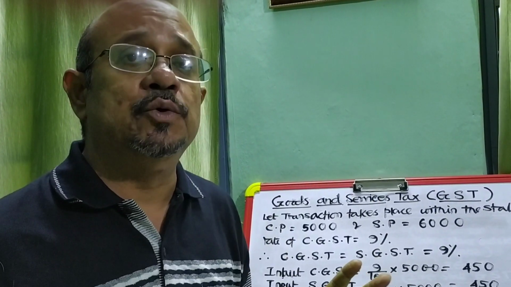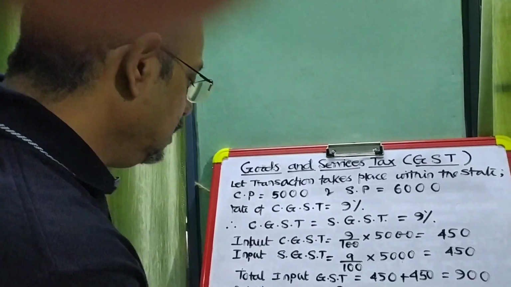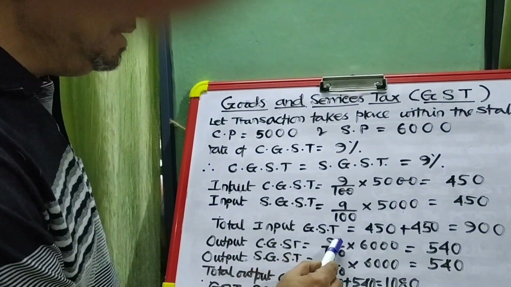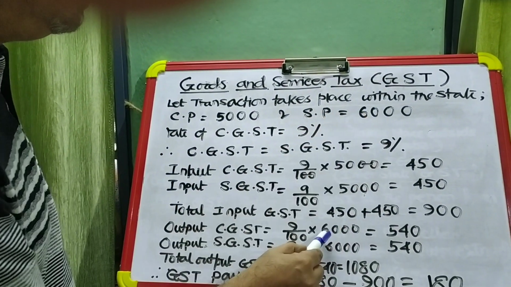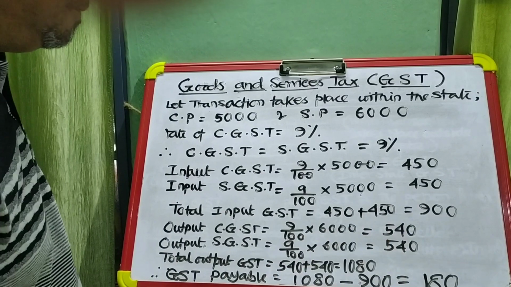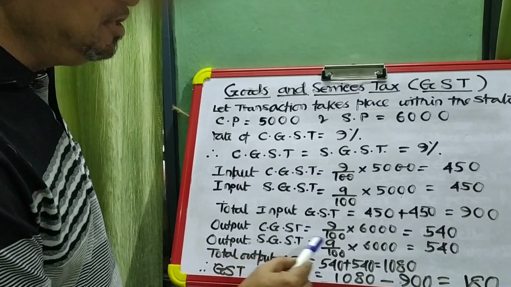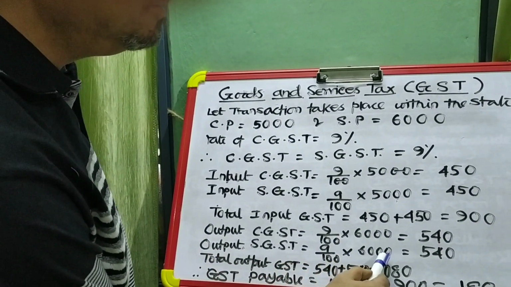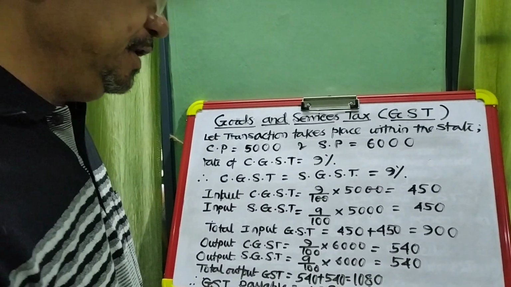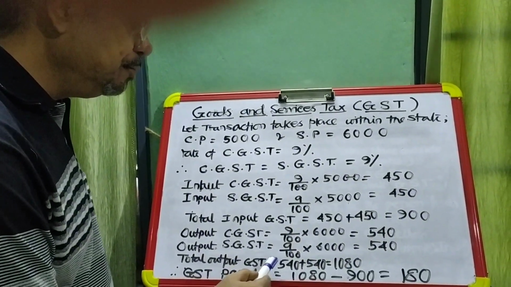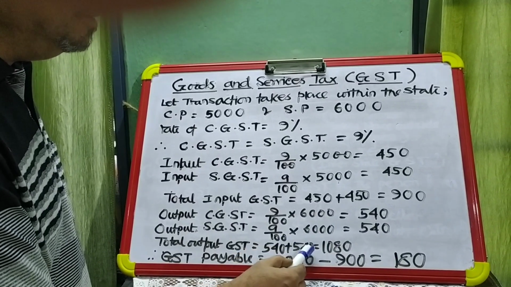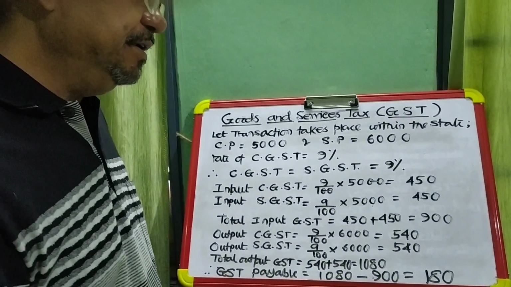What he collects is known as output GST. Output CGST will be 9% of the selling price 6,000, which is 540 rupees. Output SGST will be 9% of 6,000, which is also 540. So total output GST will be the sum of these two, which is 1080.